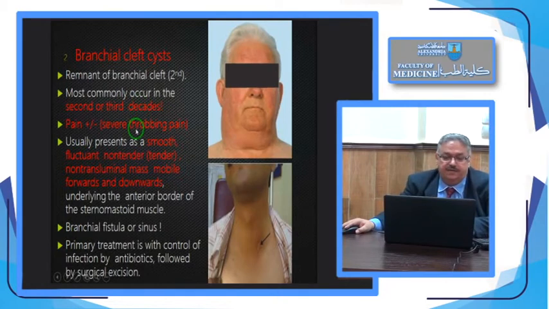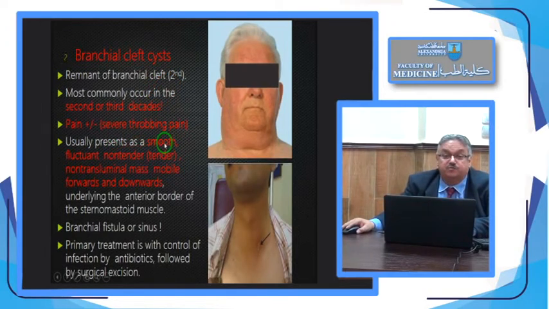So early adulthood. Pain may be a presenting feature due to secondary infection. If it is not infected, it's not painful, maybe a very mild dull aching pain, but if infected, it leads to severe throbbing pain.